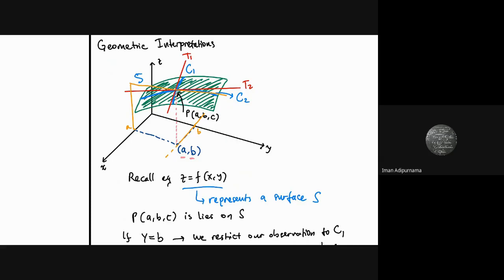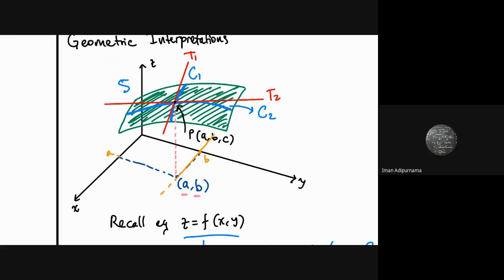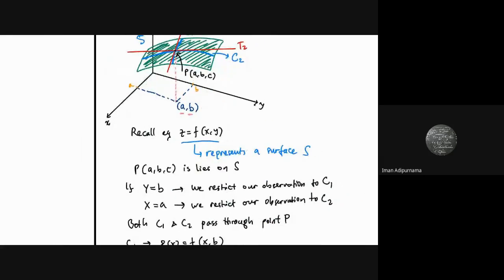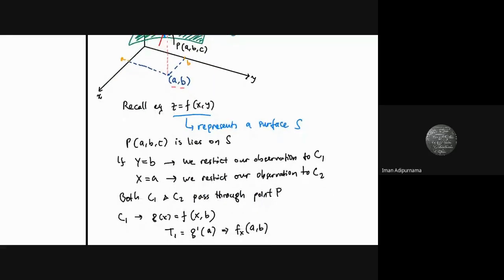Okay, the point is, from the plane, we can trace the surface S to become curve 1 and curve 2, from x equal a and y equal b.